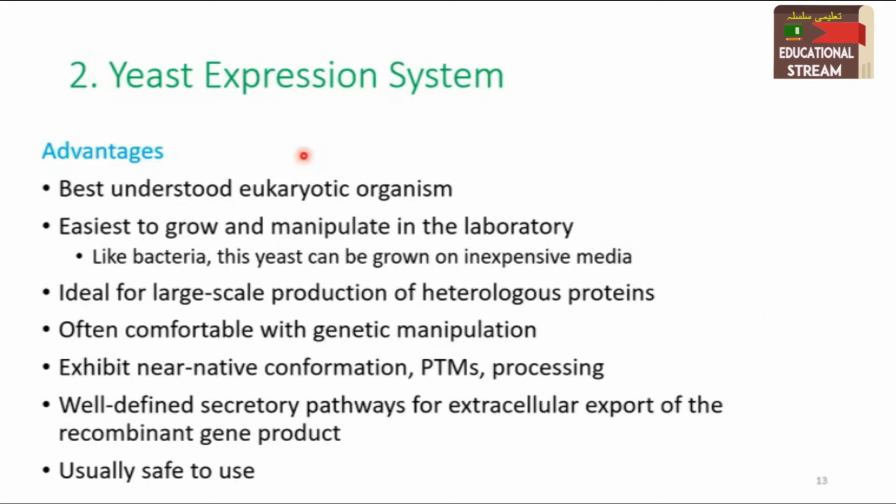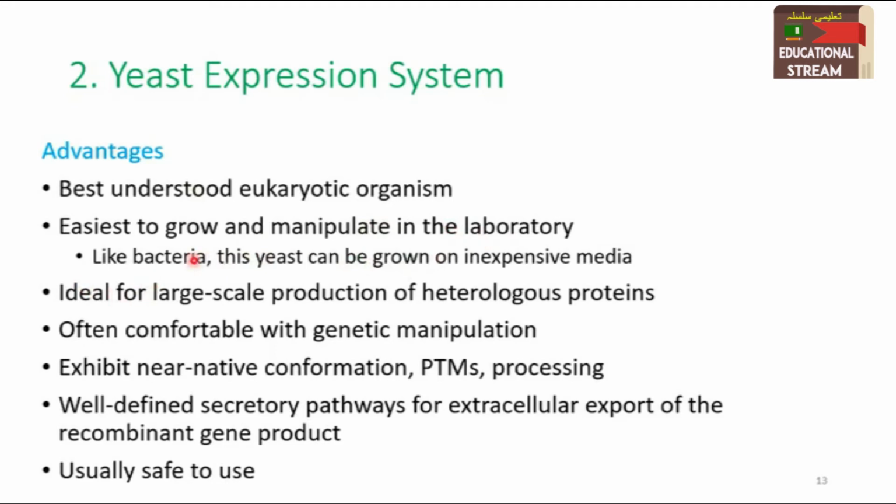The second important system which is used to express foreign protein, or for heterologous protein expression, is the yeast expression system. The yeast expression system is probably the best understood example because yeast is the eukaryotic organism which is easiest to grow and manipulate in the laboratory.